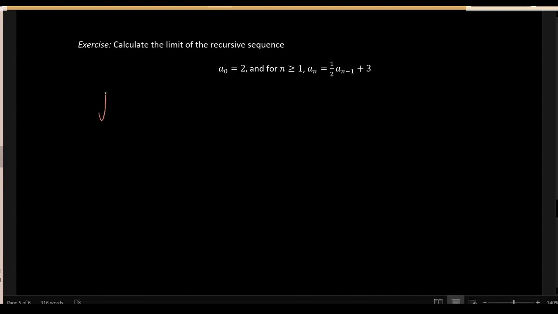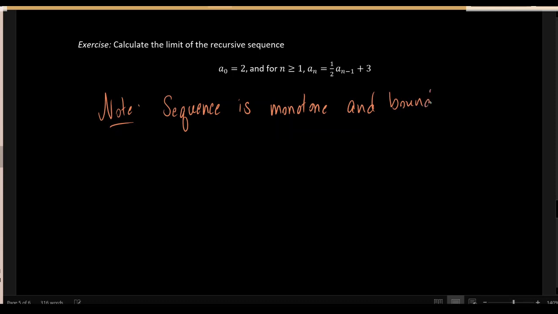So note that this sequence is monotone, increasing, and bounded. That means the monotone convergence theorem is unlocked, and we can safely conclude that the sequence must converge to something.